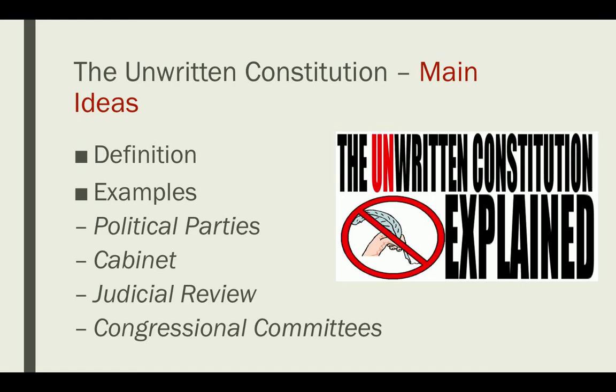Now, you heard me earlier in videos before this mention the unwritten Constitution. Like I've said a couple of times now, we are not really creative when it comes to naming things in U.S. history. So the unwritten Constitution is things that we follow that are not written in the Constitution. They are traditions and customs that were created during George Washington's presidency that we have followed over time because they work.